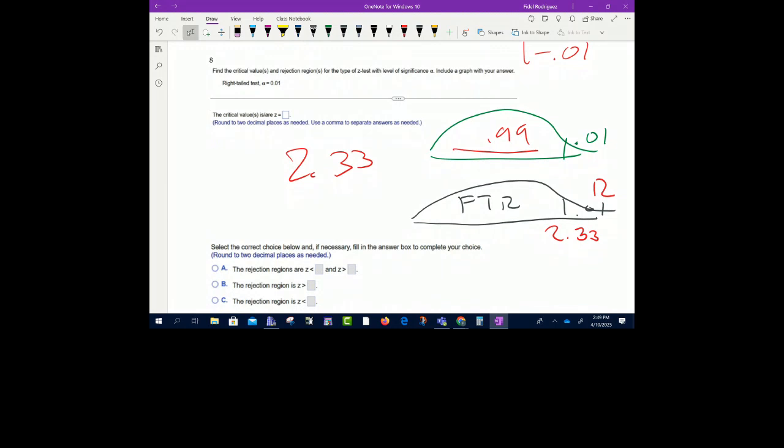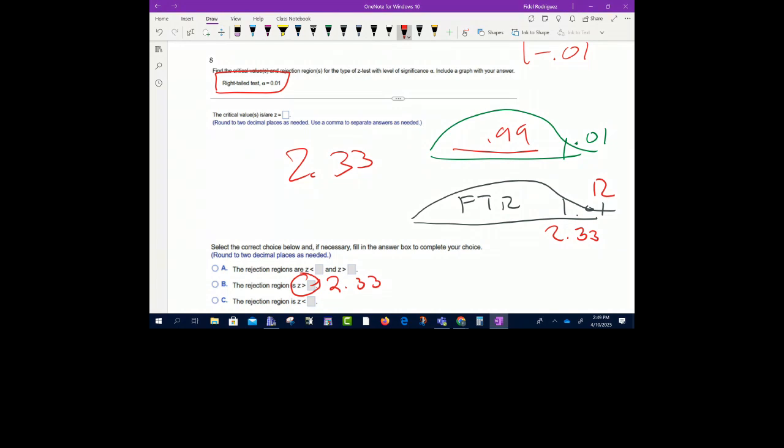See how they told me it was a right tail test? Then my rejection area is when Z is bigger than 2.33.